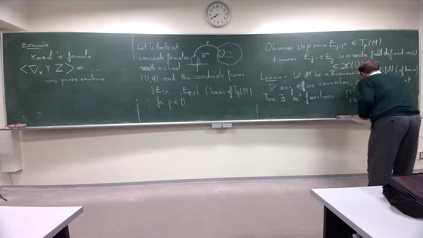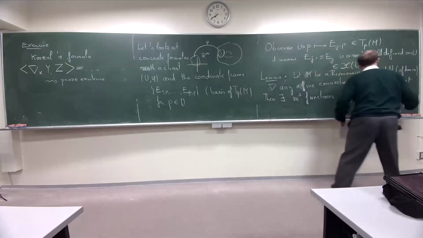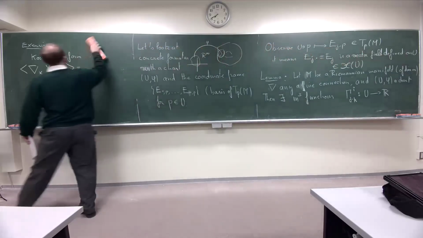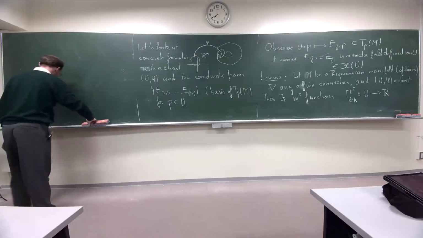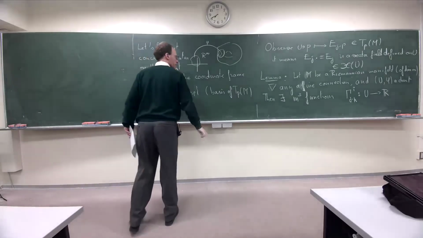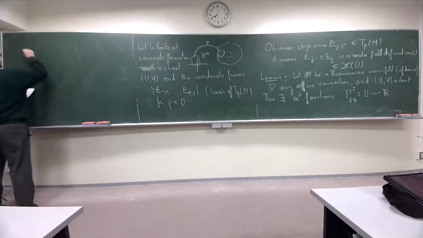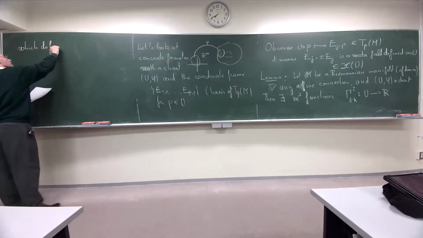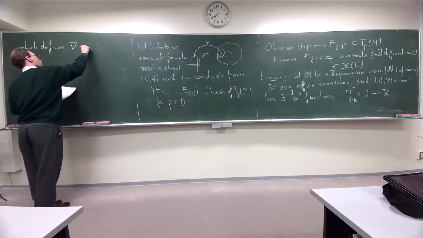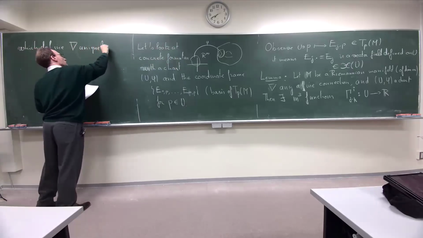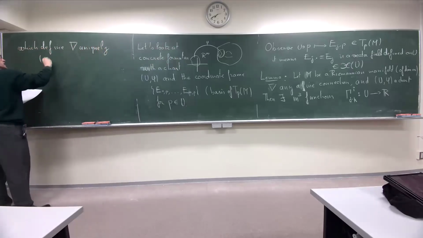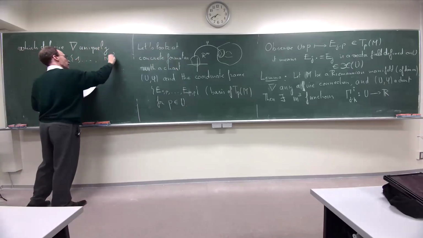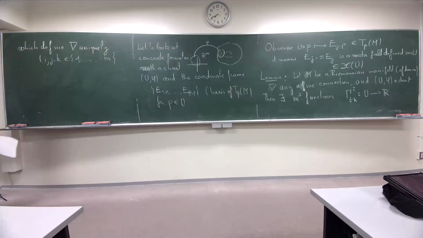They are defined from U to R. There are m^3 such functions because i, j, and k are each in 1 up to m, which define gamma uniquely. So i, j, k are between 1 and m. That's why we have m^3 functions.